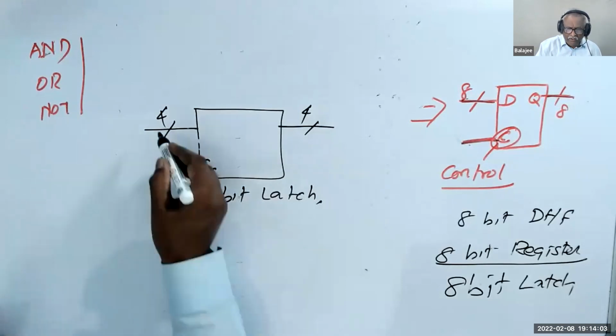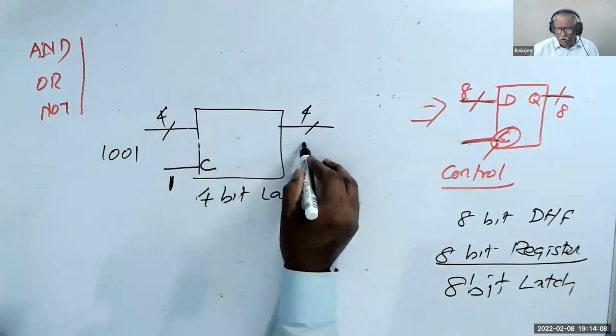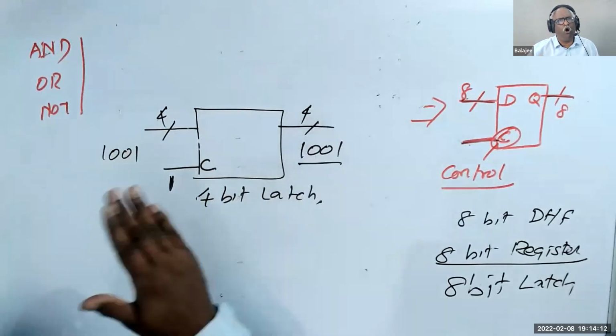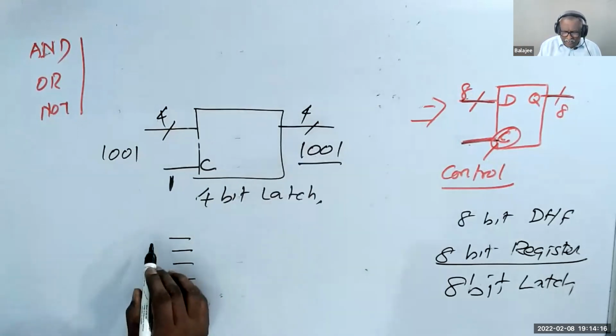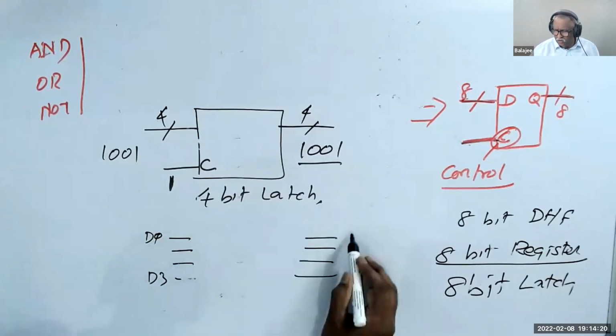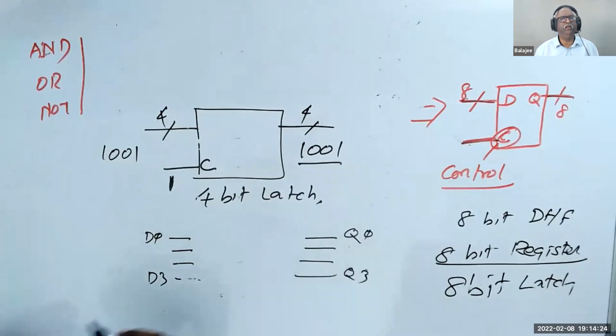That means if I give here 1001, if C is 1, the output becomes 1001, please. All the 4 will go out directly. 4 wires. The inputs are 4 wires, D0 to D3. Outputs are Q0 to Q3. They go individually.